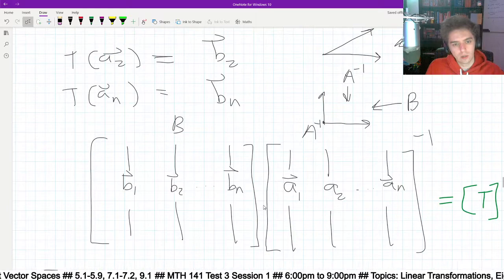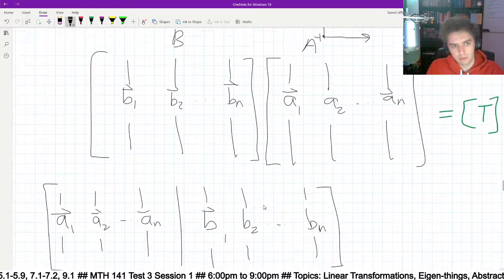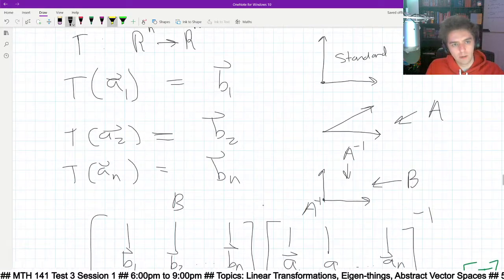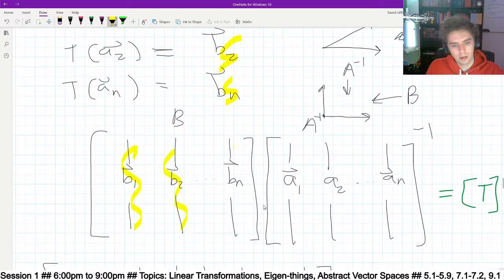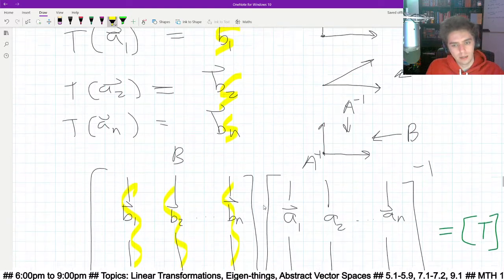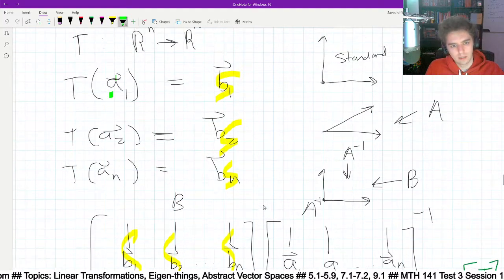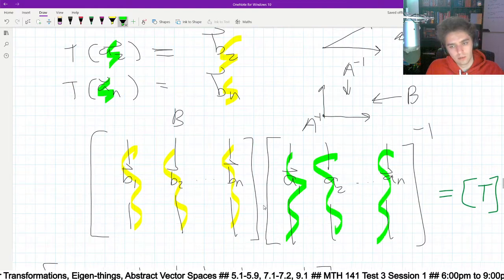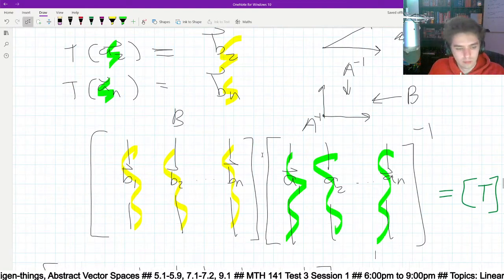To find the matrix representation of T, you take the output vectors and you multiply them with the inverse of the input vectors. That's just one of the formulas from 5.2.